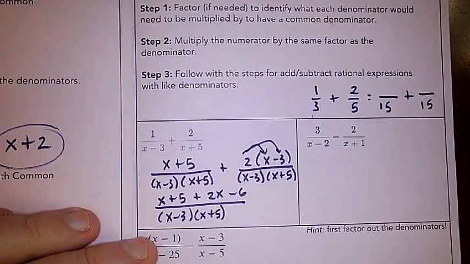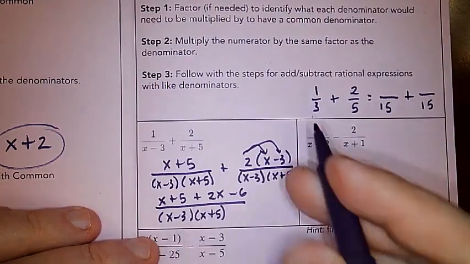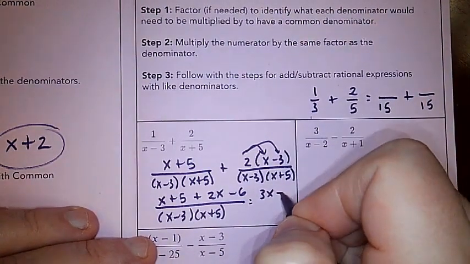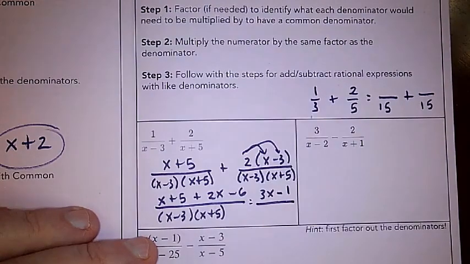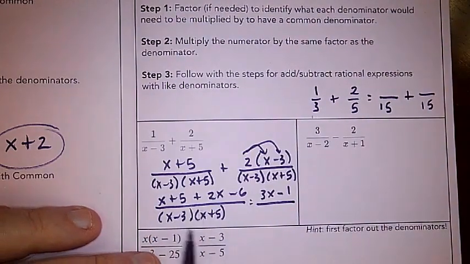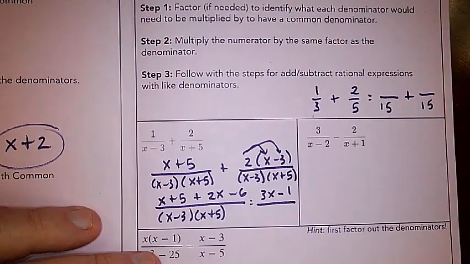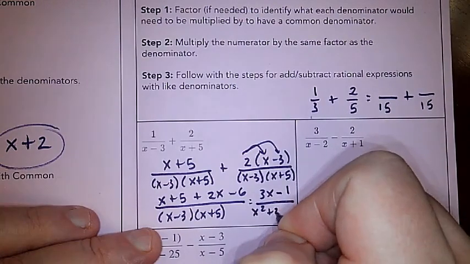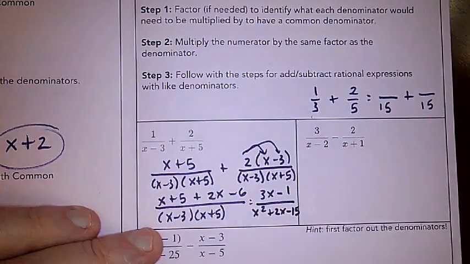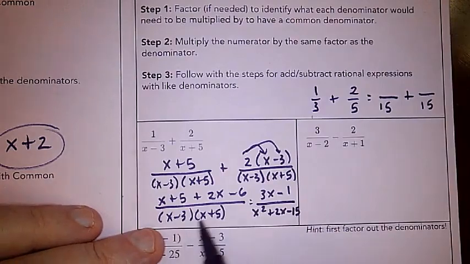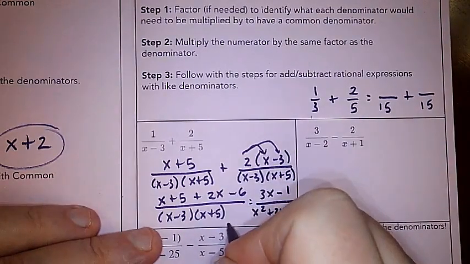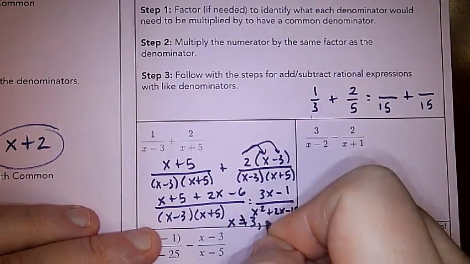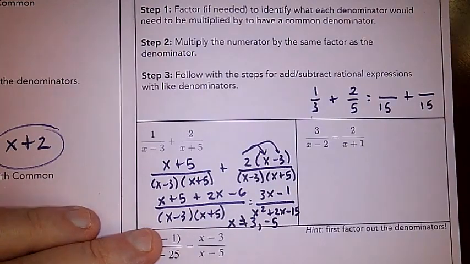I'm going to combine all of these terms. x plus 2x gives me 3x. 5 minus 6 is minus 1. For this denominator, I commonly want to multiply these together. So I get x squared plus 2x minus 15. And I remember that I still don't want my denominator to equal 0, so I'm going to say that x cannot equal positive 3 or negative 5.